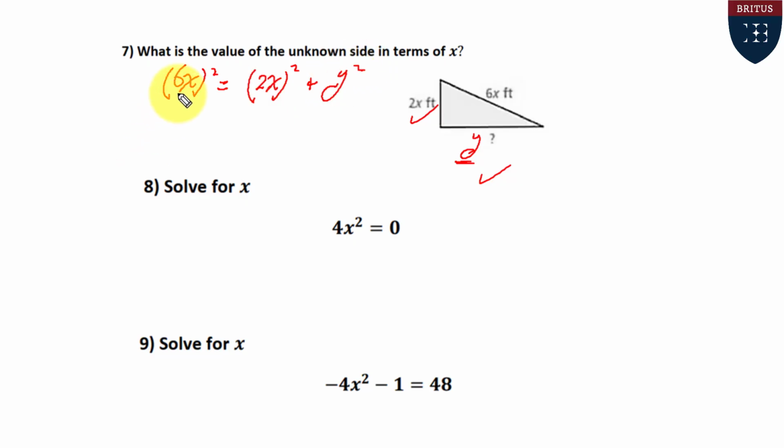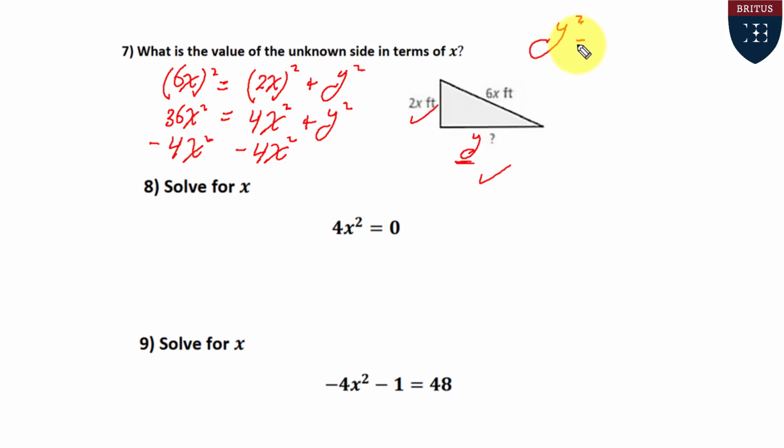Just to simplify, (6x) raised to the power 2 is equal to 36x squared equals (2x) raised to the power 2, so it will be 4x squared plus y squared. Just isolate y squared, subtract 4x squared from both sides. We get y squared is equal to 36x squared minus 4x squared equals 32x squared.